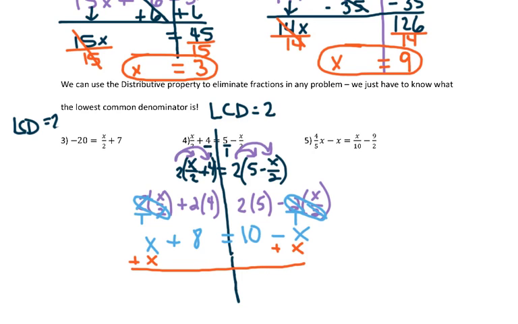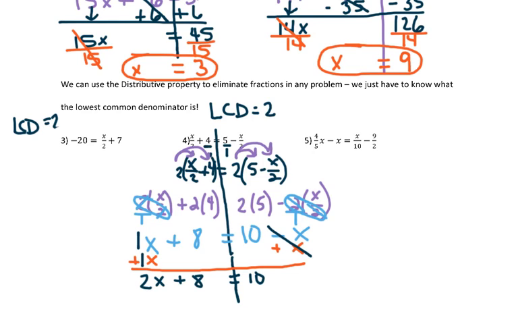Now, what you need to understand is if you have just a simple x without a number in front, the number in front is always 1. So here I have 1x plus 1x, and that result is 2x. So now I have 2x plus 8 equals 10, and the minus x plus x here cancels.